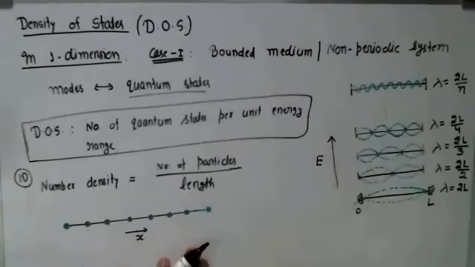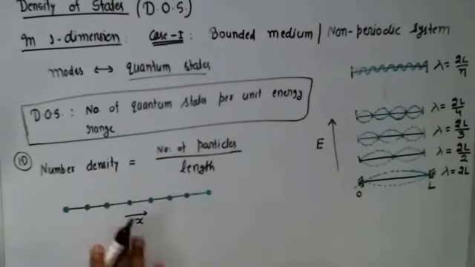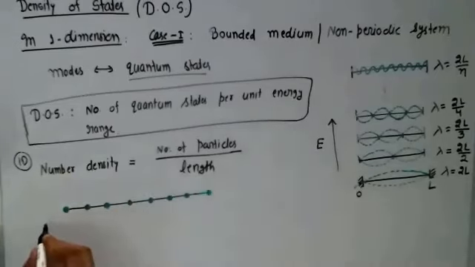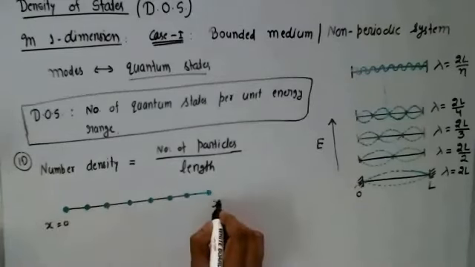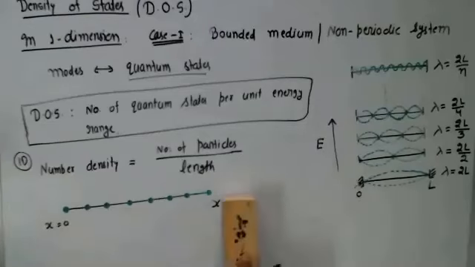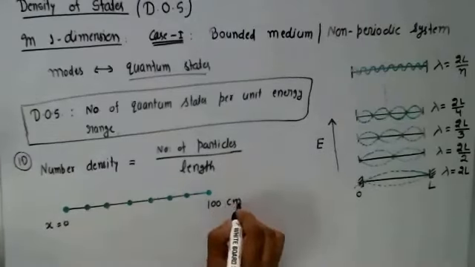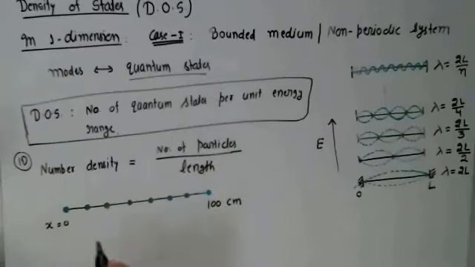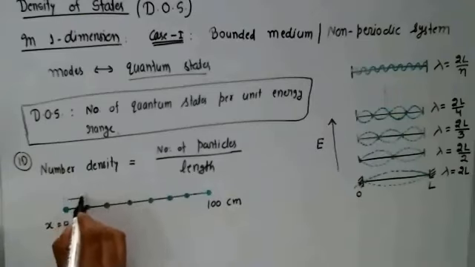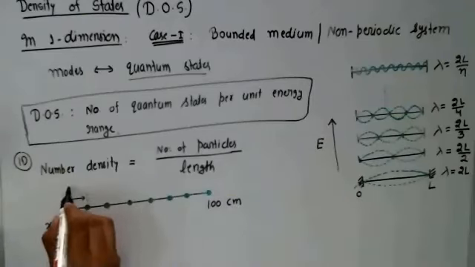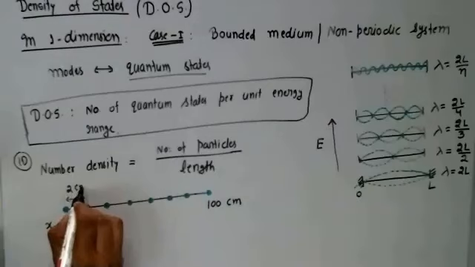Now coming back to this concept of beads. Just for the sake of example, let's assume that this is x equal to 0, the length starts from 0, and here the length is, let us say, 100 centimeter. And these beads, let's imagine they have an equal separation, let's say 2 centimeter each.